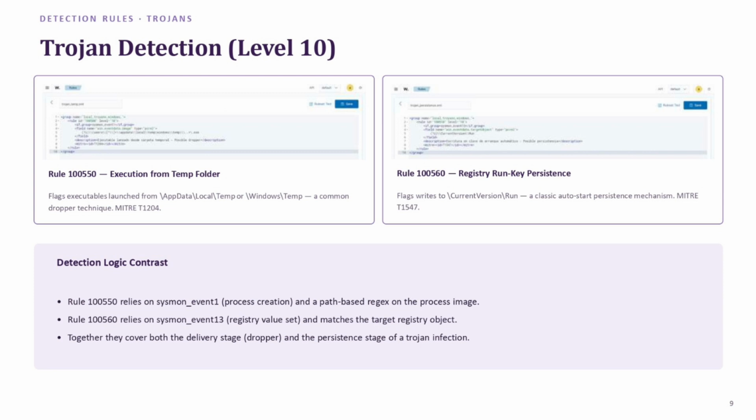Rule 100560 detects writes to the Windows Run registry key. This is a common way for malware to achieve persistence. It stays active every time the computer is started. Together, these two rules cover two different stages of a Trojan attack. First, the delivery, and second, the persistence.